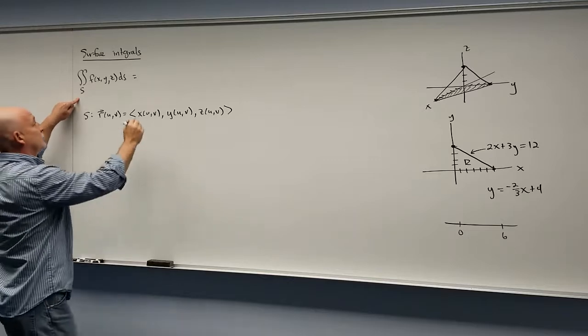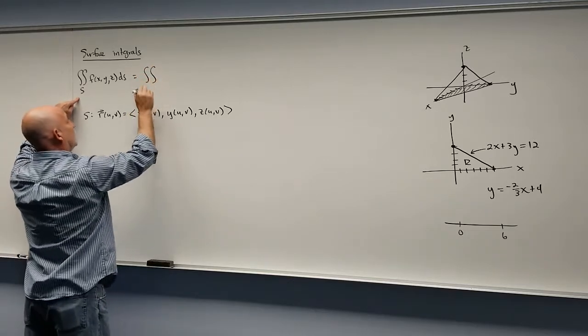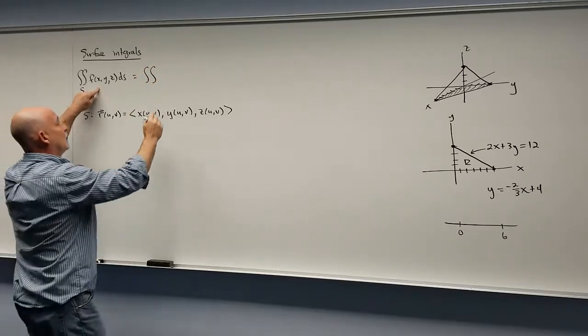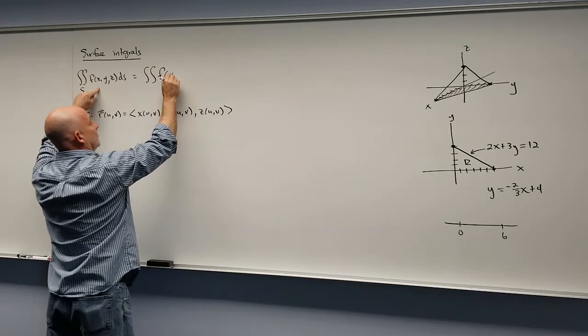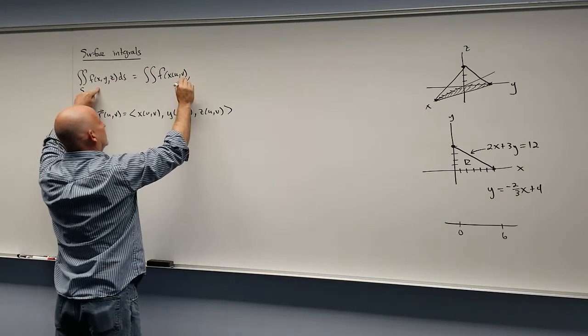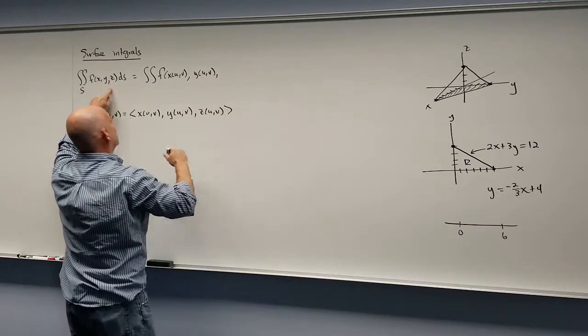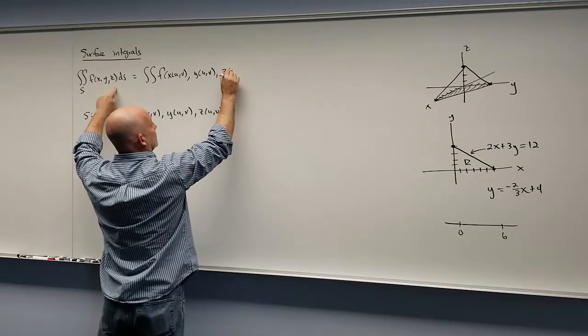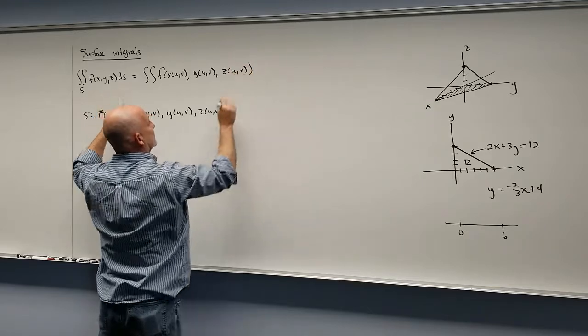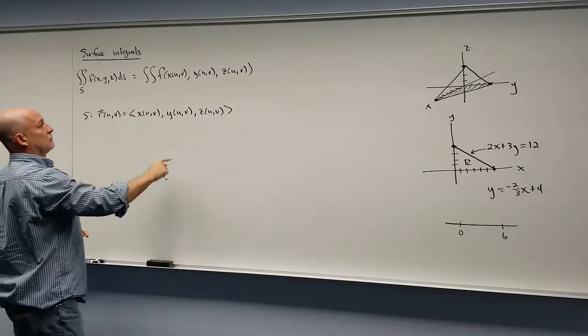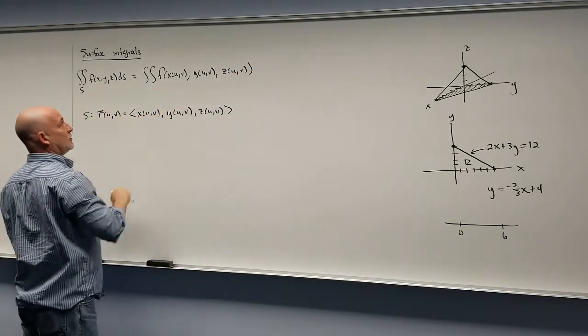So on the surface, we know x is some function of u and v, so you put in whatever x is. Y is some function of u and v, put in whatever that is. And z is also some function of u and v. Put that into the function. So that converts our function over to the parametric.